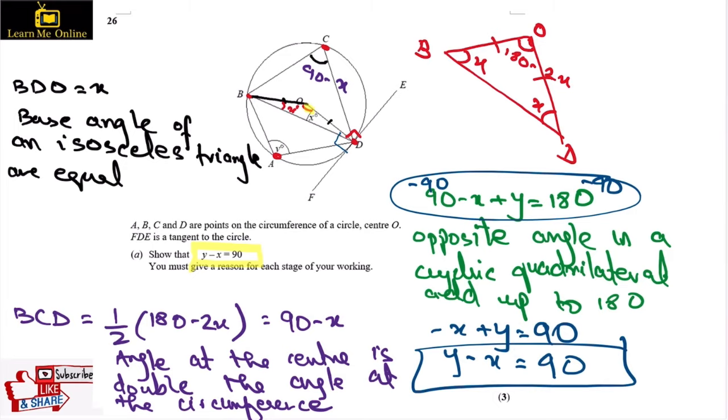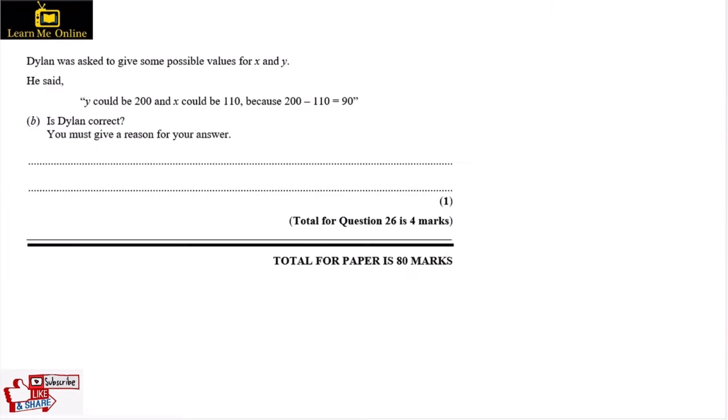Here we have part B of the same question, and this is that Dylan was asked to give some possible values for x and y. He said y could be 200 and x could be 110, because 200 minus 110 is equal to 90 degrees. We need to state whether Dylan is right, and if you think he's correct, then why.